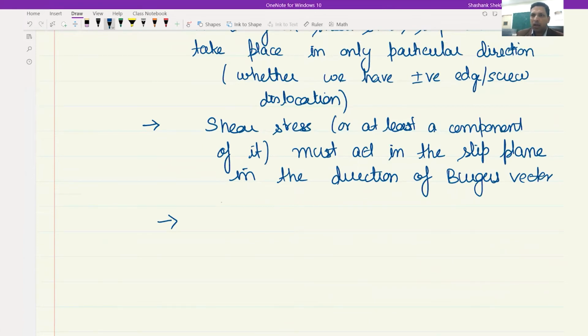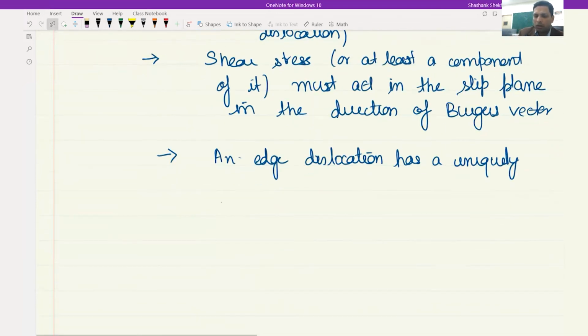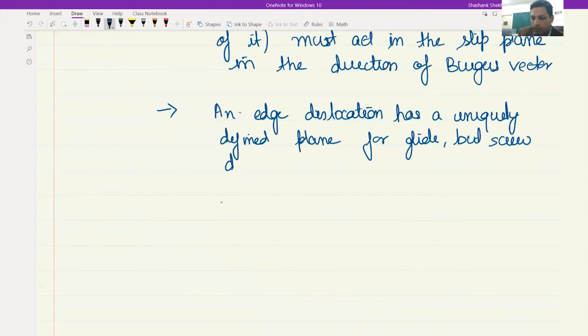And another important message is that an edge dislocation has a uniquely defined plane for glide, but screw dislocation does not have a uniquely defined plane, at least in terms of Burgers vector and line vector.